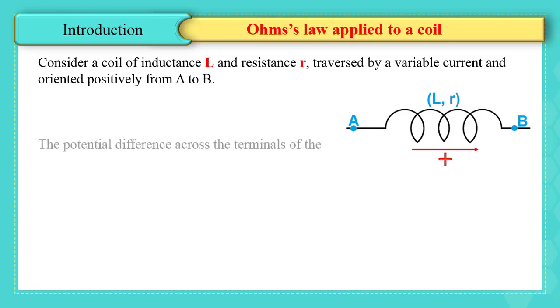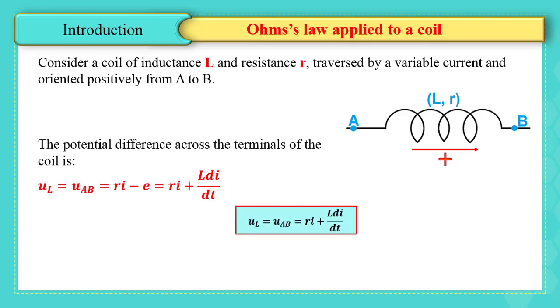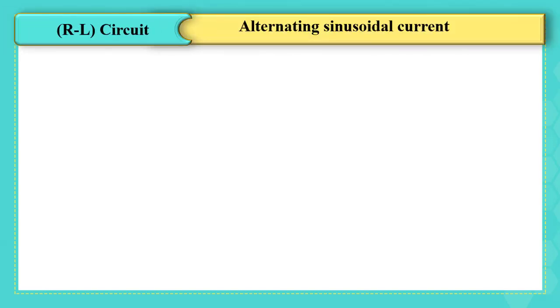So, the potential difference across the terminals of the coil is uL, directed from A to B, that means we are measuring UAB, which is equal to ri minus e, which is equal to ri plus L di over dt. So, according to Ohm's law, the voltage across a coil is always equal to ri plus L di over dt in the positive direction.